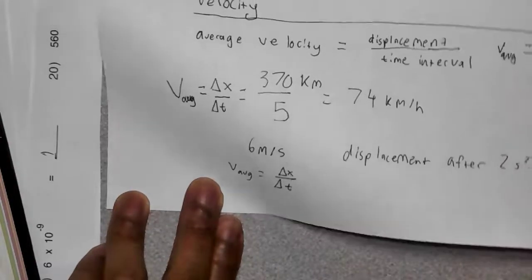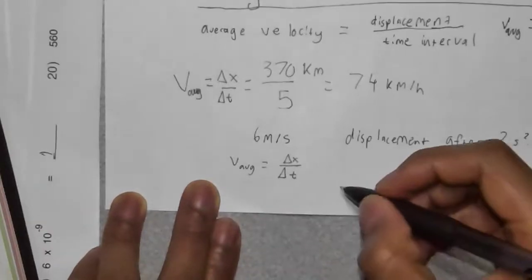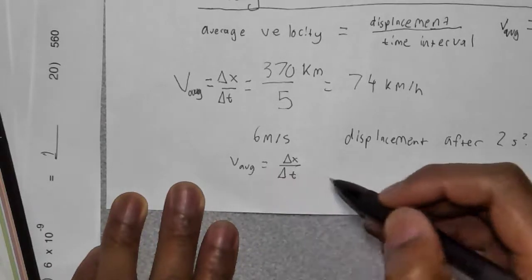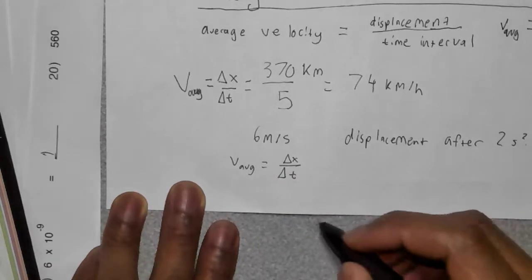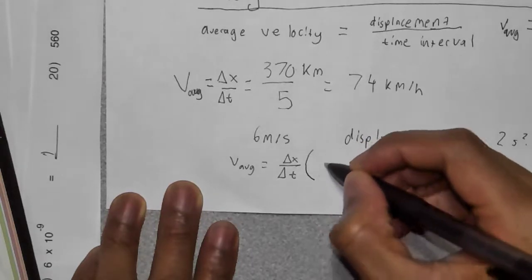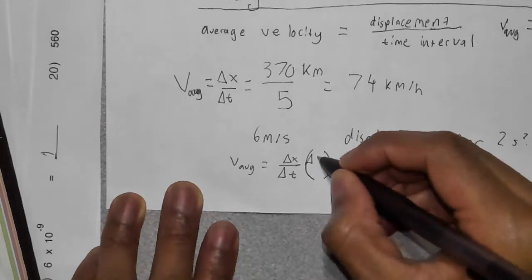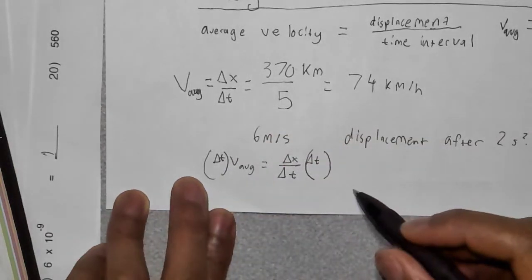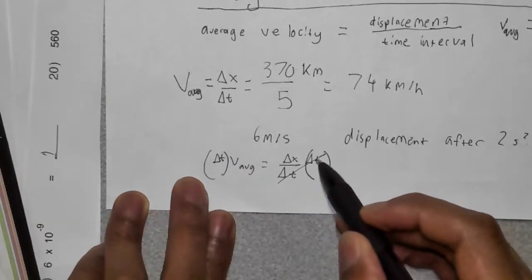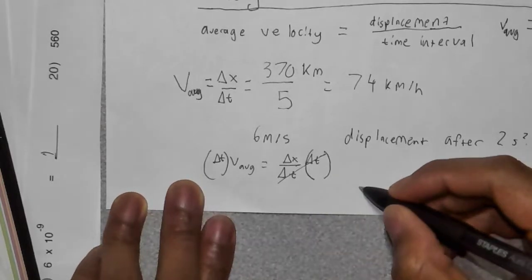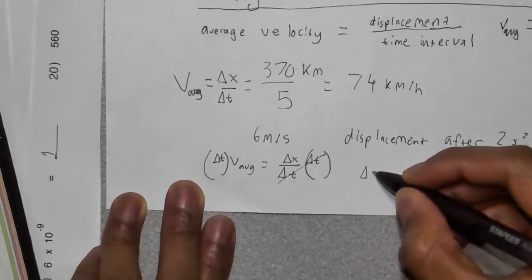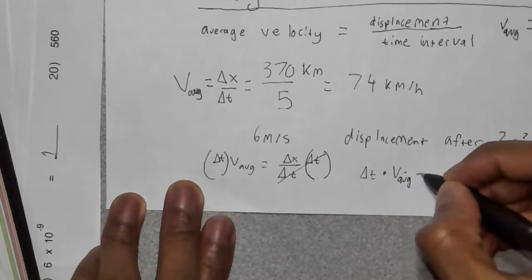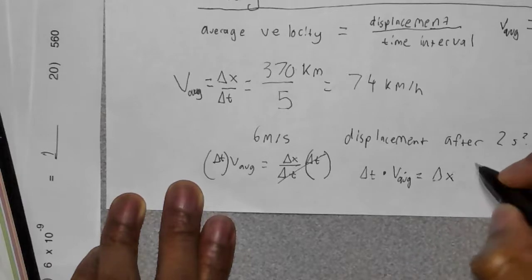So I'm going to manipulate this equation so that I move all delta t over here and just get displacement on one side. I want to multiply both sides of this equation by delta t. So I move it over. Now delta t on this side crosses out, and we have change in time times average velocity equals displacement.